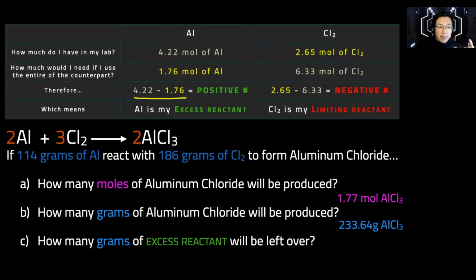We multiply that by the 27, that is the molar mass of aluminum, and we will get that we will have 66.41 grams of aluminum as left over after we're done with the equation, right? After we're done with our process. Again, limiting reactant is the one that you will eventually use, and the excess reactant will be the other one, the counterpart.